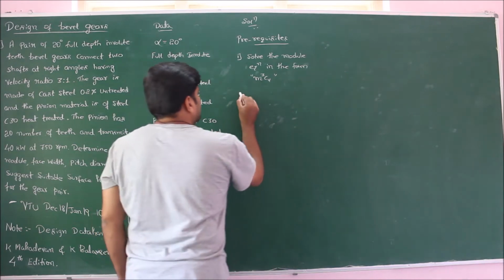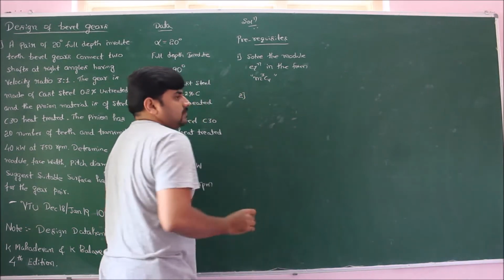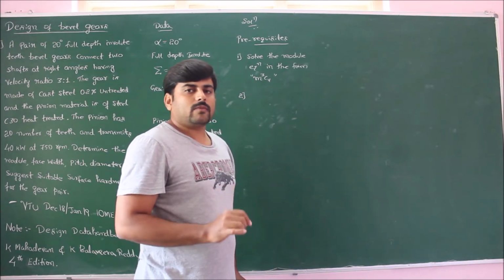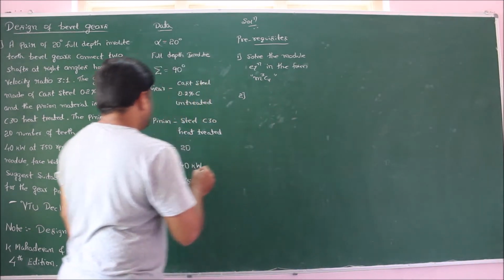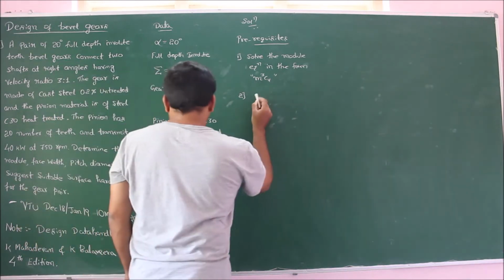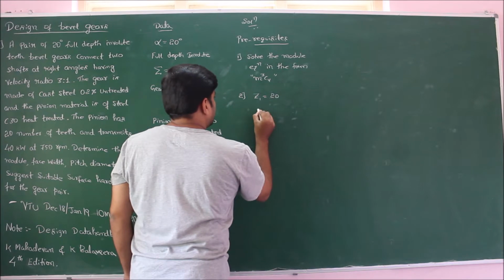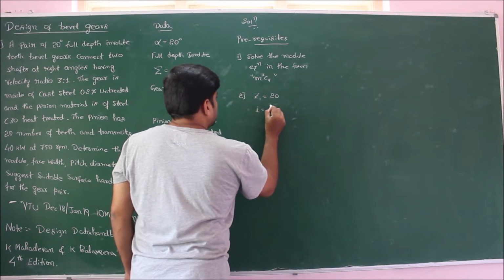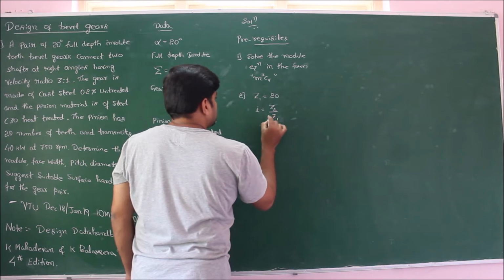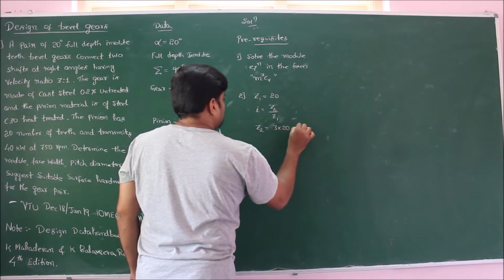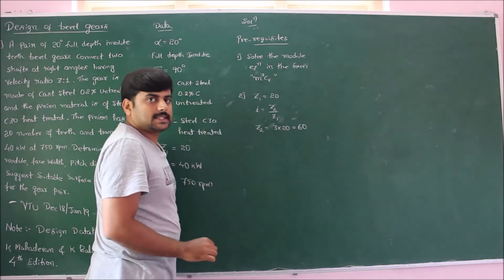Coming to the second prerequisite, that is the number of teeth on pinion and gear. Already the number of teeth on pinion is given, so Z1 is equal to 20. We know that I is equal to Z2 by Z1. Hence Z2 will become 3 times 20, which yields 60 teeth.